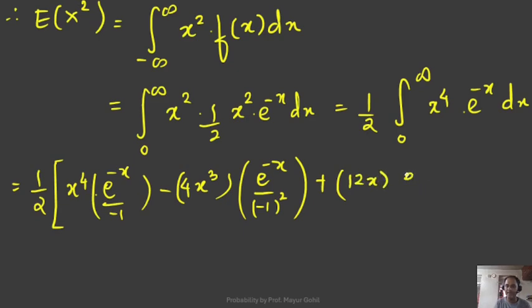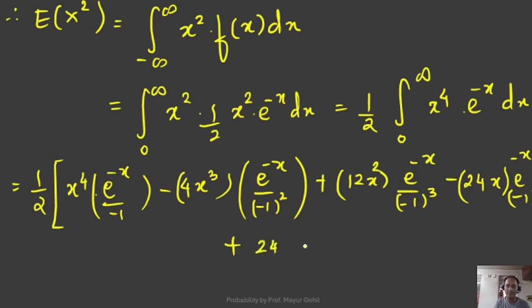And then there is e raised to minus x over minus 1 cube, and then minus 12x square here, and then 24x, and then e raised to minus x over minus 1 whole raised to 4. And then you have plus 24 times e raised to minus x into minus 1 whole raised to 5. That's the whole big number there.